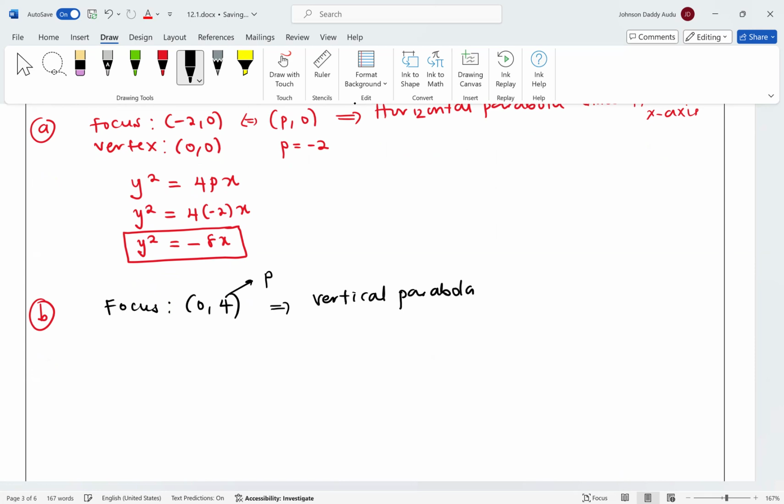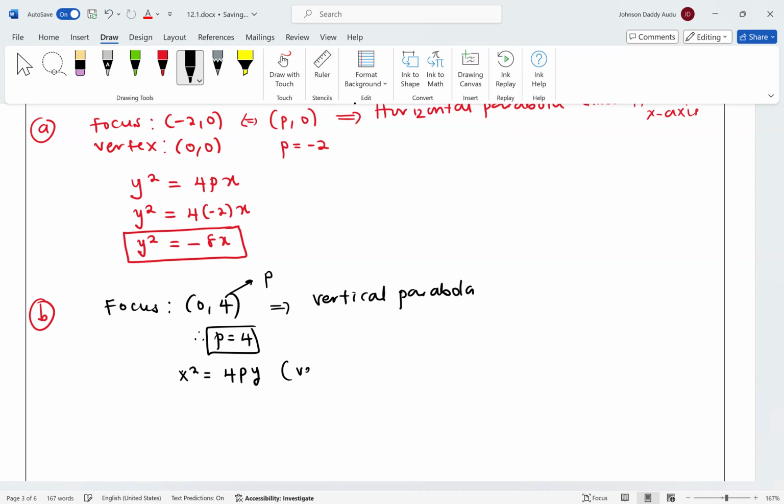When you are dealing with a vertical parabola, it means your P is on the y-axis, right? The P is on the y-axis. So you can see P already is equal to 4. And now we can write the vertical parabola, which is x squared equals 4py.